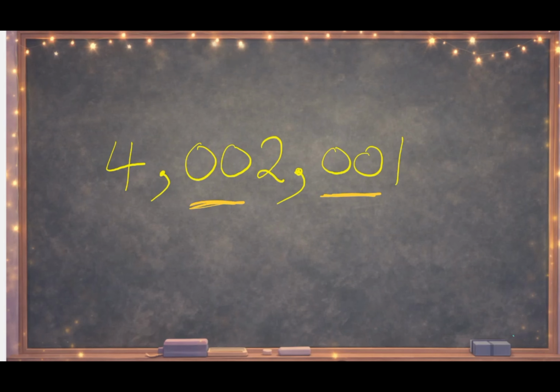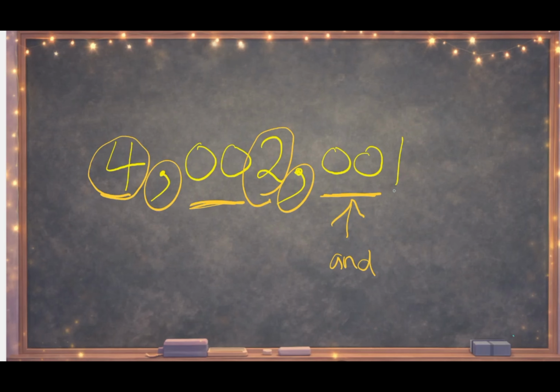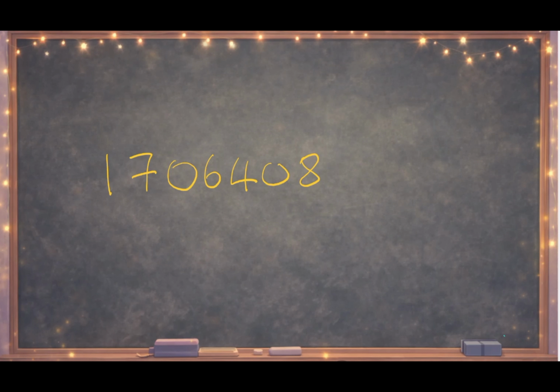So here we are just going to read it normally. So 4 million, 2,000, and here we are going to put and 1. So we read it as 4,002,001.